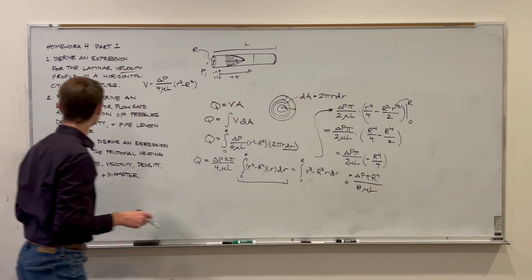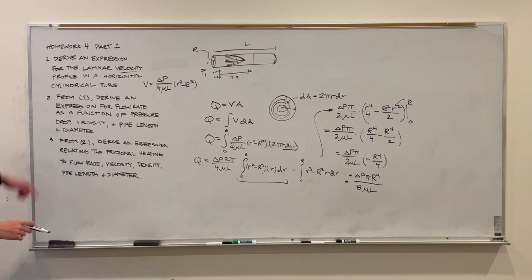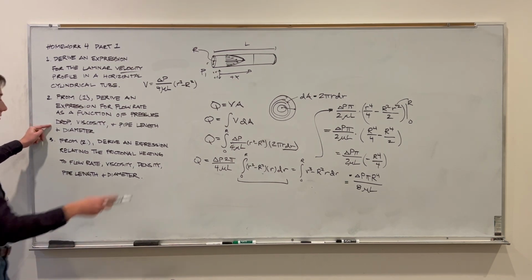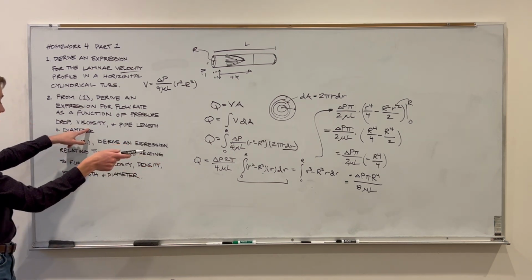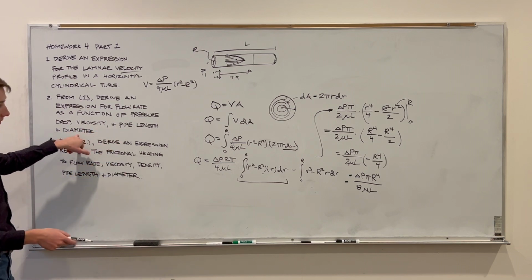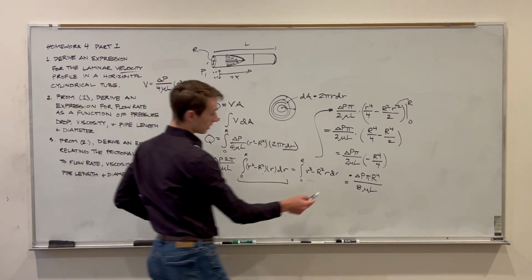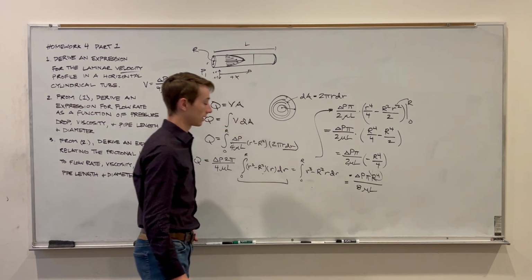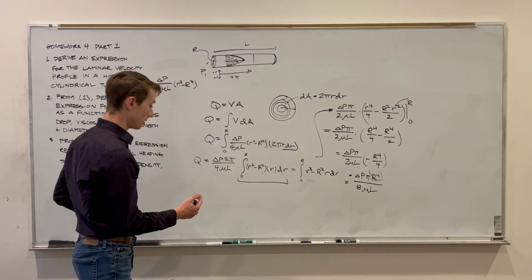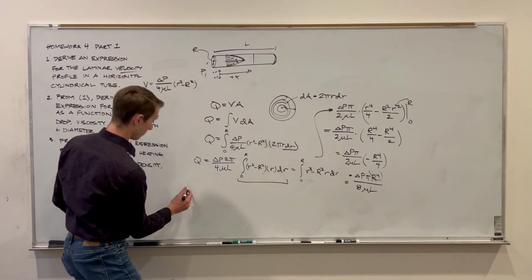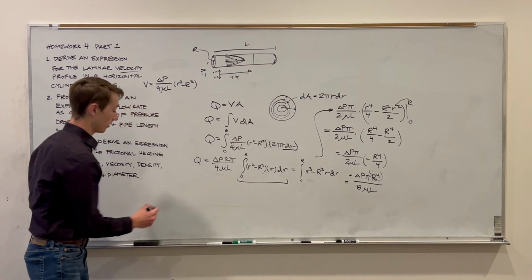And have we answered the question? Derive an expression for flow rate as a function of pressure drop, check. Viscosity, check. Pipe length, check. And diameter. Oh, we got to change our radius here to diameter, so let's go ahead and do that real quick. That's just what the problem asks us to do. I'll do that down here. So what do we want to call diameter?